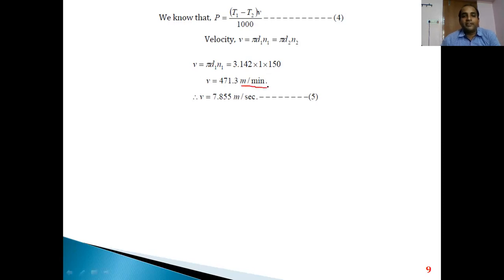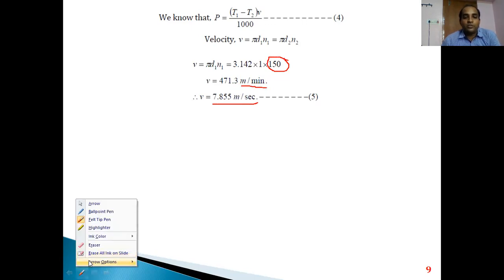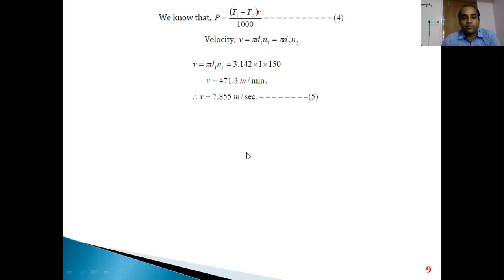Please remember why we get meters per minute: because the speed given in the question is in RPM. Normally we write this velocity in meters per second, so if you divide this answer by 60, you get the resulting value in meters per second. That is very, very important. Once you get the velocity in meters per second, you can go on for further simplification using P is equal to (T1 minus T2) into V.